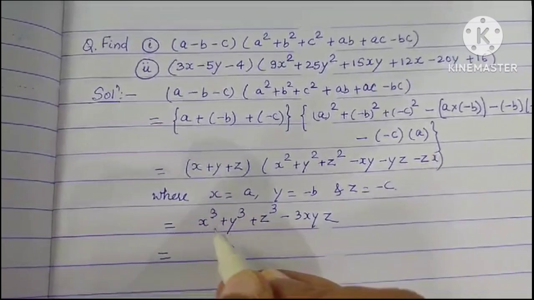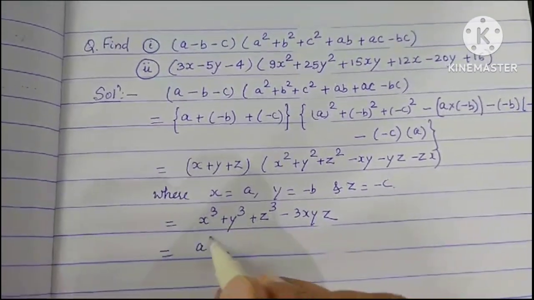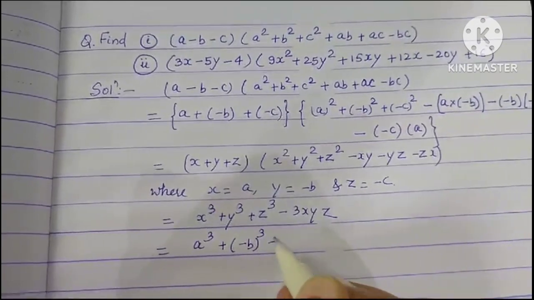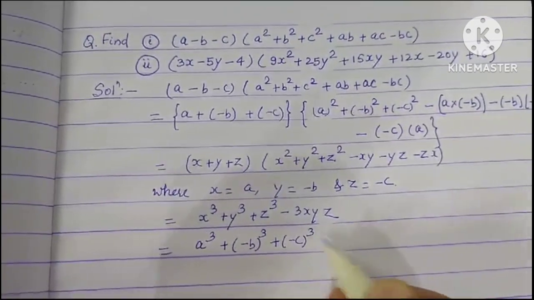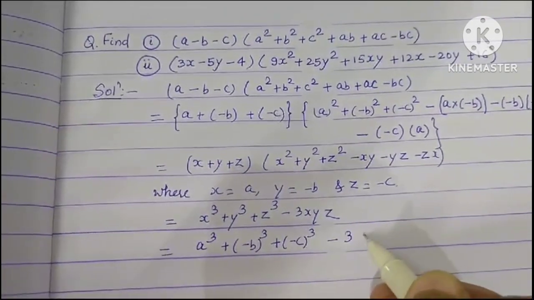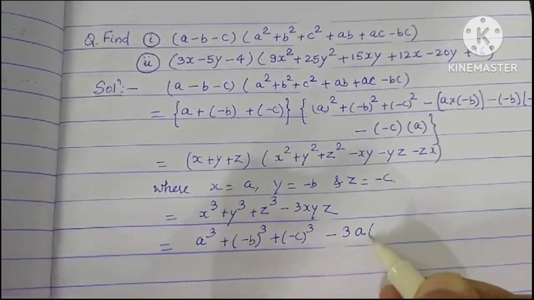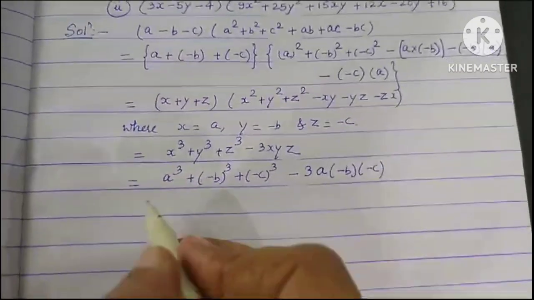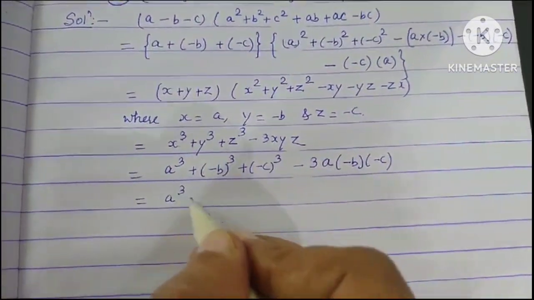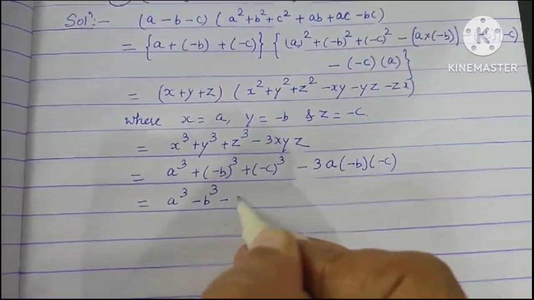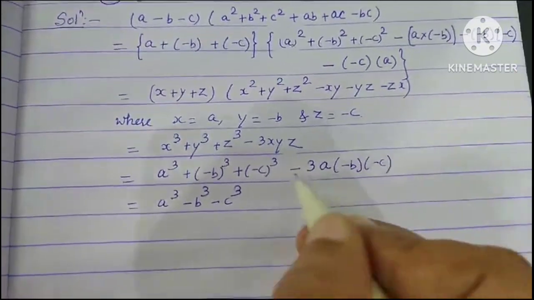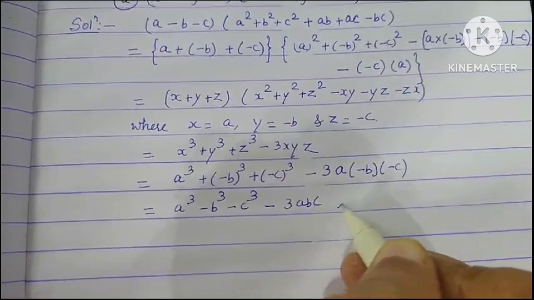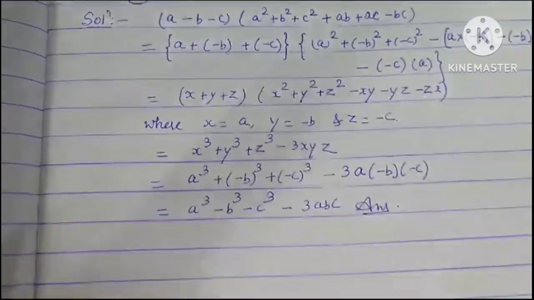Simply we have to put the values of x, y, z. So a cube plus minus b cube plus minus c cube minus 3, x is a, y is minus b, z is minus c. So it will become a cube minus b cube minus c cube minus plus again minus 3abc, and this will be our answer.